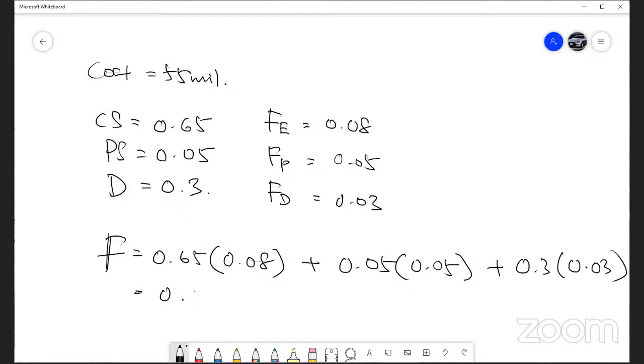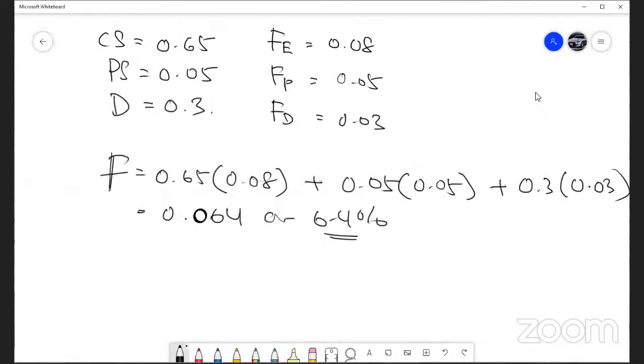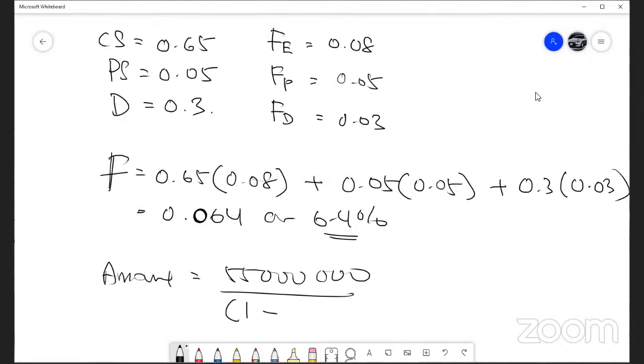The flotation cost that you get is 0.064 or 6.4%. They tell you 55 million, and you need to find out the true cost. So the amount of $55 million divided by 1 minus the flotation cost gives you 58,729,311.